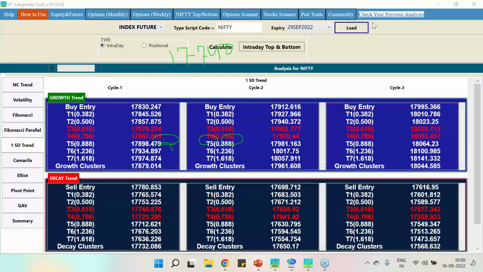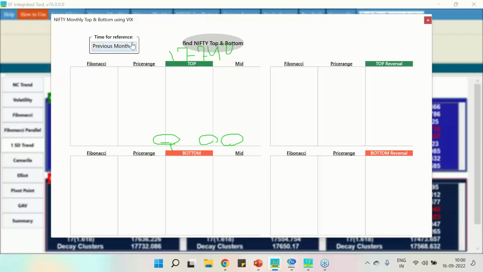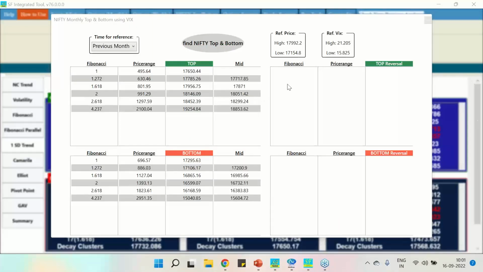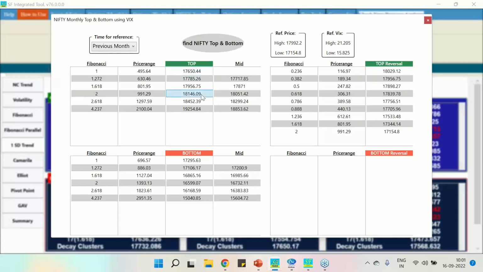And the monthly top and bottom, has anybody seen the monthly top and bottom of Nifty? We discussed it in the previous session, and a top is being formed. From where did we have a retracement? Can anyone tell me? From where we had a rise, which we showed you in the beginning part, from here it had a retracement, a few points up or down.